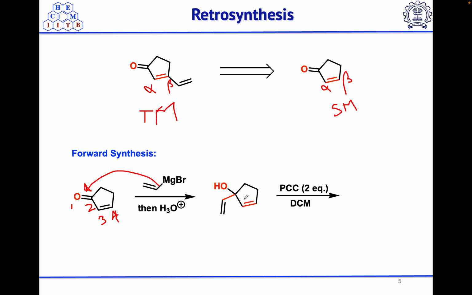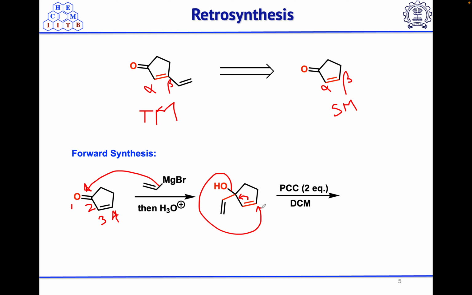Now this is again an allylic alcohol with respect to this vinyl group as well as this vinyl group. Like previously, if we treat this allylic alcohol with a chromium-based oxidizing reagent, transposition of this allylic alcohol will happen. This double bond will migrate here, and the alcohol transposition will take place.